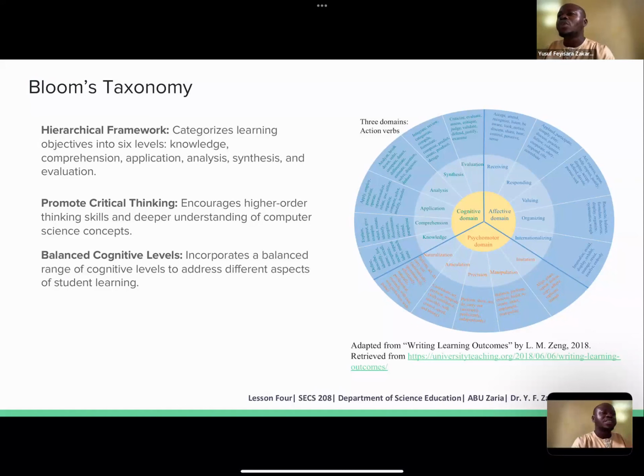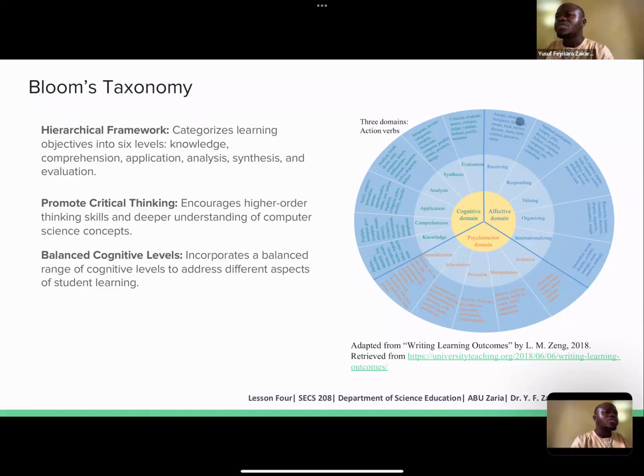We can also move to the affective domain, in which we also have some levels of processing, which are receiving, responding, valuing, organizing, and then internalizing. Internalizing is the highest level. Receiving is the lowest level of the affective domain, the same as knowledge is the lowest level of the cognitive domain, and evaluation is the highest level of the cognitive domain.